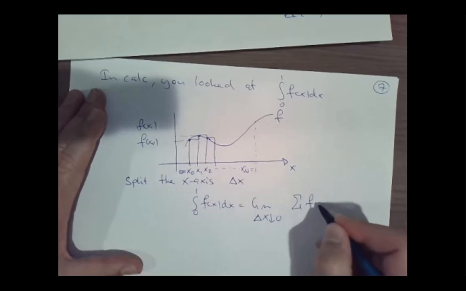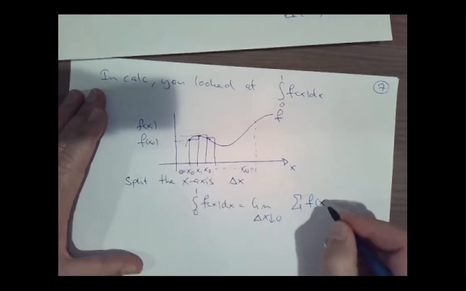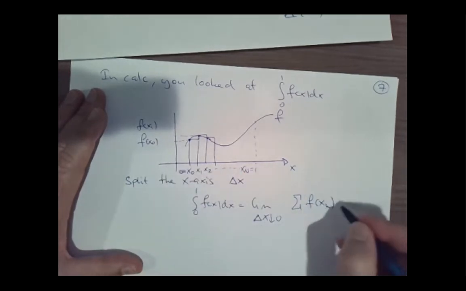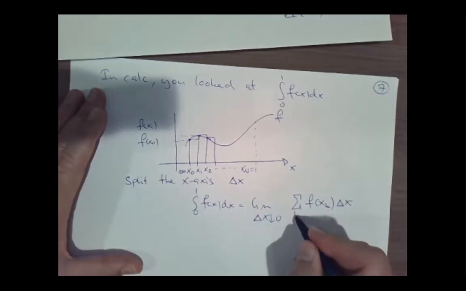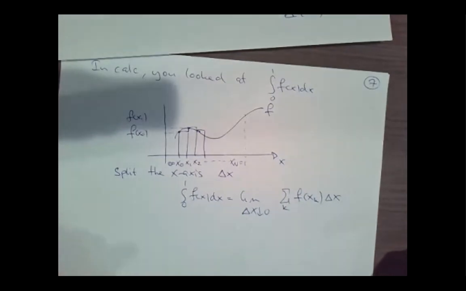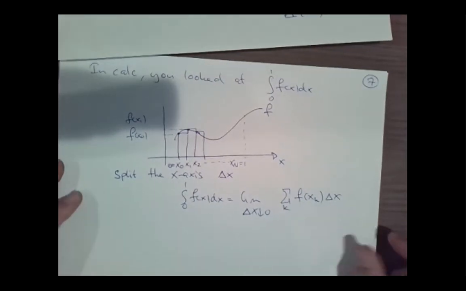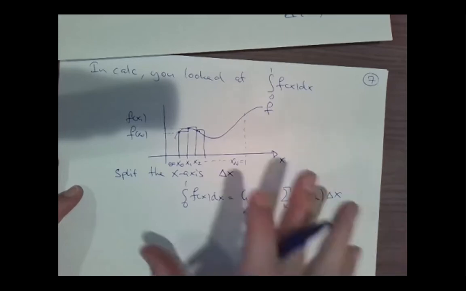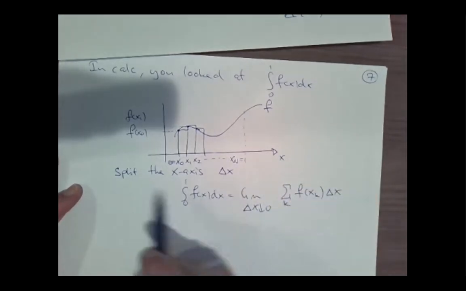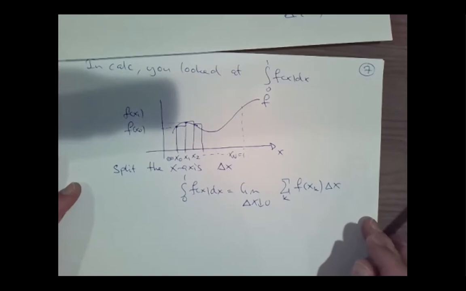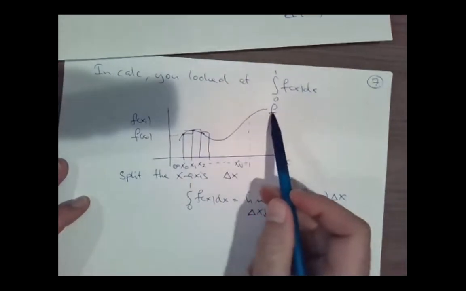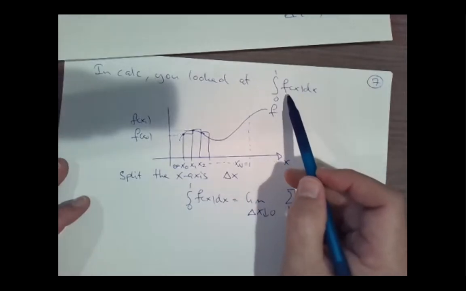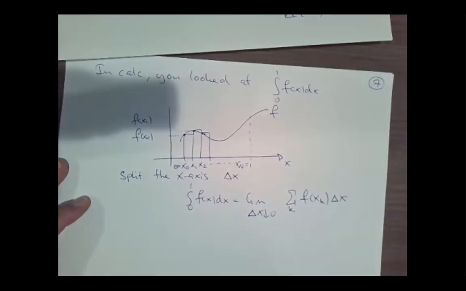So if you have f of x_k, that's the height, and then you multiply onto the width, which is my delta x, and then you will be summing over a bunch of k's. You have hopefully seen something like this, that the area underneath the curve f is what is meant by this integral from 0 to 1 of f of x.